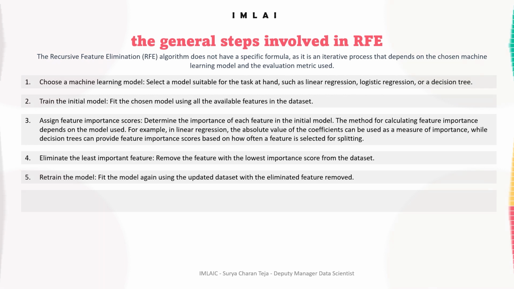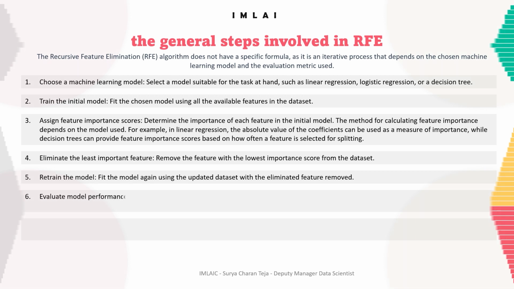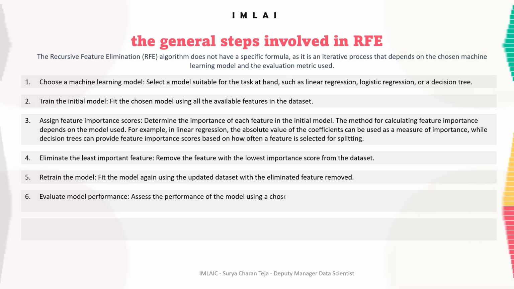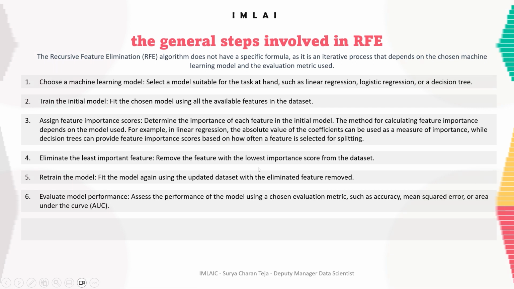Assess the performance of the model using a chosen evaluation metric such as accuracy, mean squared error, or area under the curve, AUC. Then we have to repeat steps 3 to 6, which is assign feature importance scores, eliminate the least important feature, retrain the model, and evaluate the model performance.